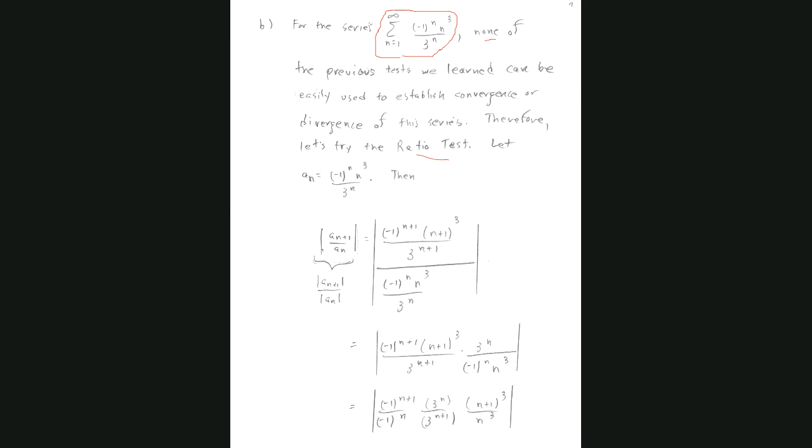But then in the numerator, you have the n plus first term. The n plus first term comes by just replacing everywhere you see an n in the term with an n plus 1. And then you're going to take the absolute value of this ratio. All right, let me stop there, let you copy this down.